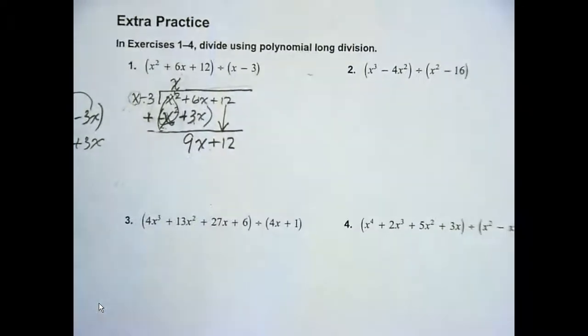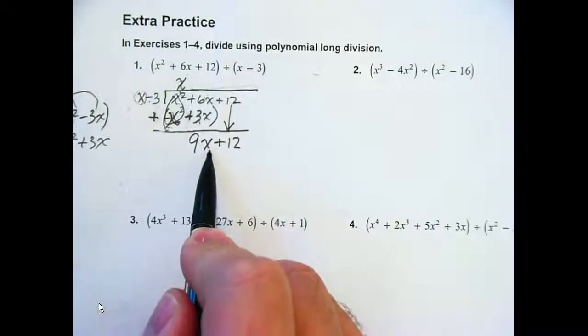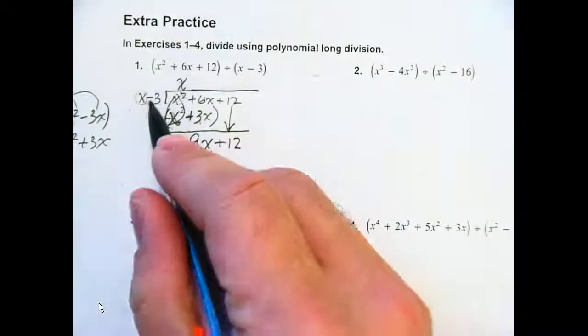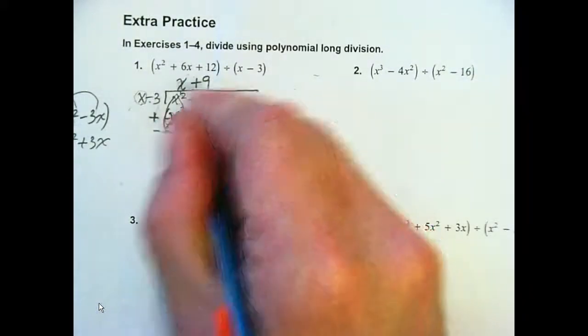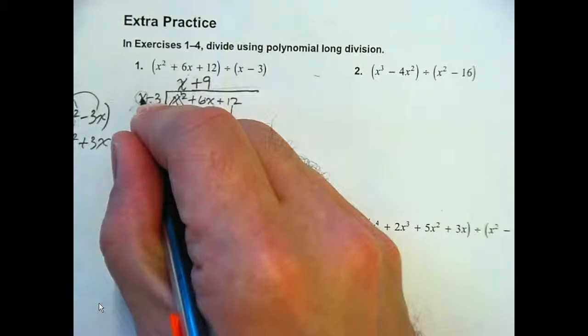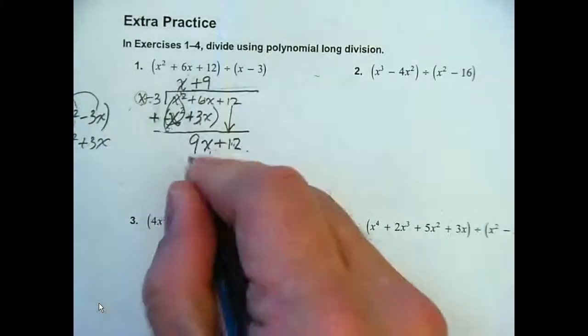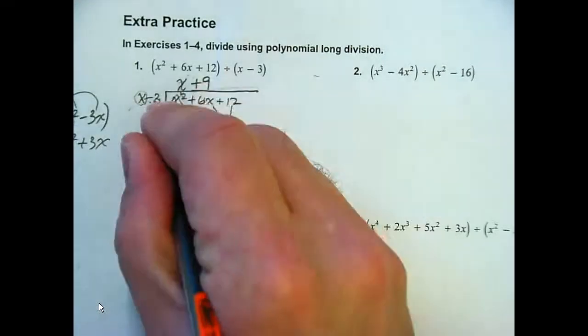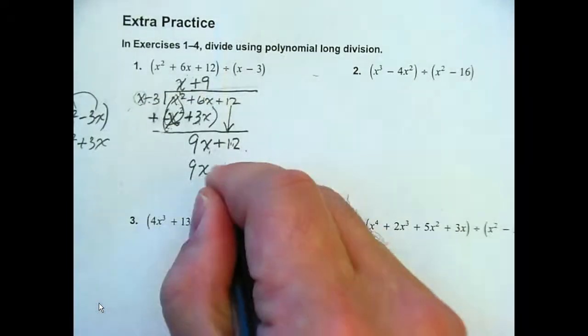And now we start the process over. X times what is 9x? Positive 9. 9 times x is 9x. Notice we didn't do anything with the 12. 9 times 3 is? Yep, and it's a negative 3, so negative 27.